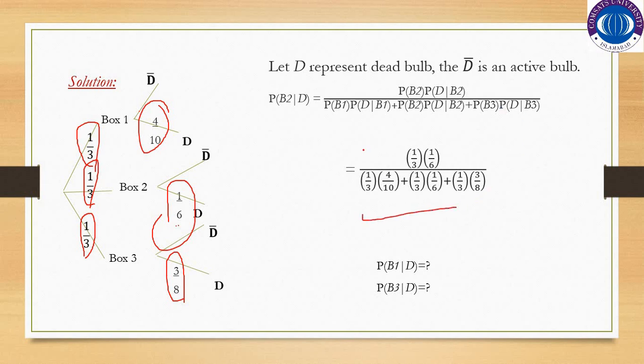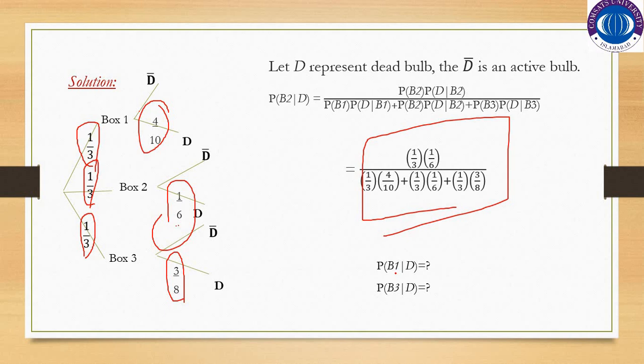On simplifying this, we will get the probability that the bulb is coming from box 2 given that the bulb is the dead bulb.